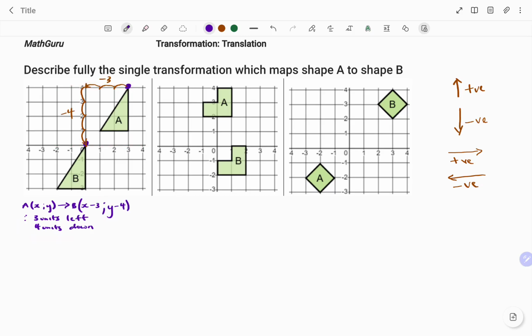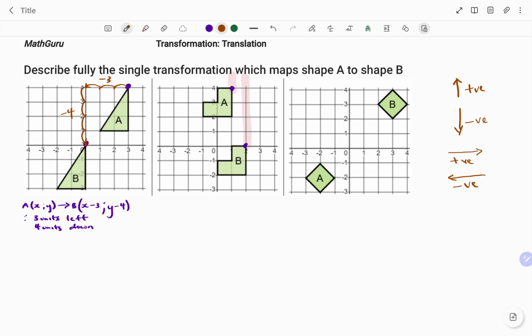Let's look at the second example. Like I did in the previous example, I'm going to start by picking one of the corners or vertices for shape A and the same corner for shape B. So using my highlight color, what I can see is that I've moved from my left to the right.